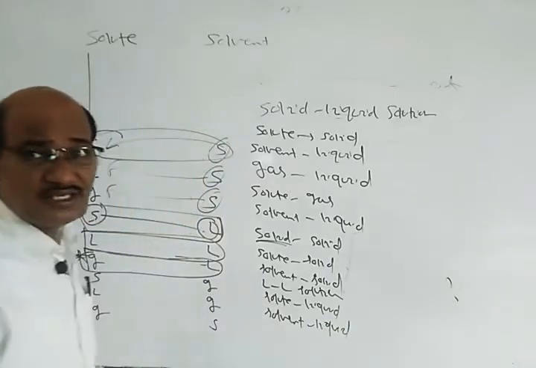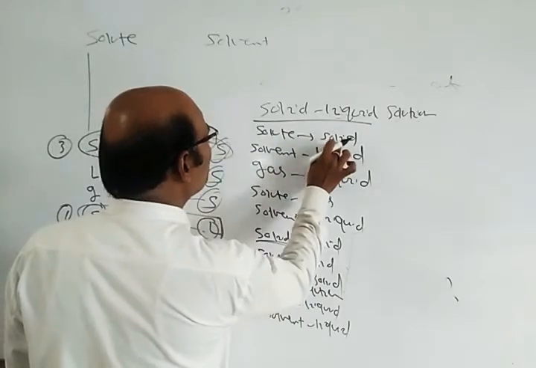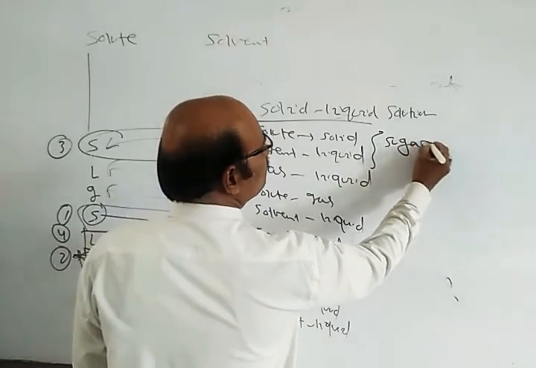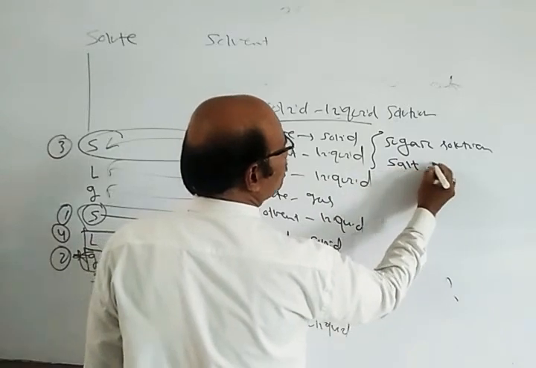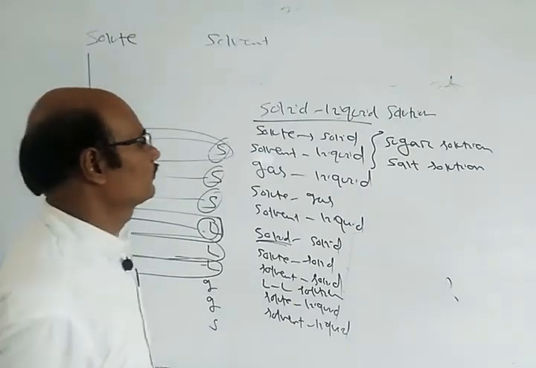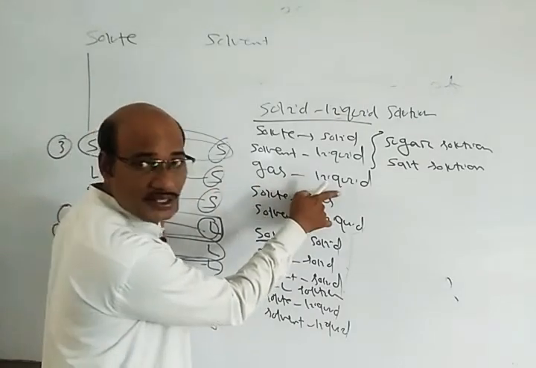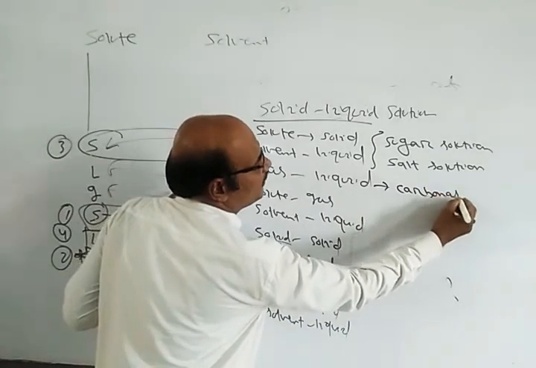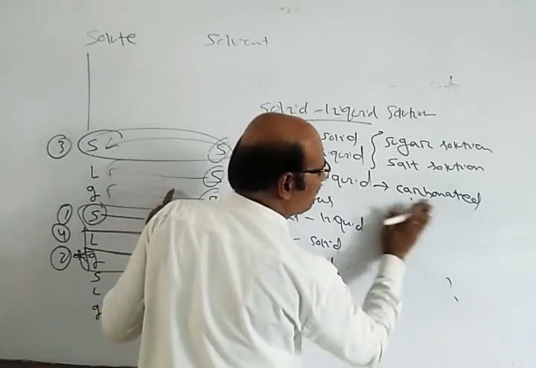Now let us have the examples. Solid-liquid solution: solute solid, solvent liquid. So here I can say sugar solution, salt solution. Now the gas in the liquid, you can say carbonated water, carbonated beverages.